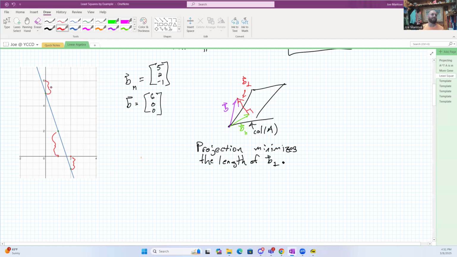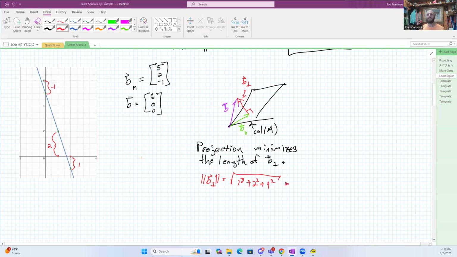In this case, this is a length of one, this is a length of minus one, this is a length of two, and this is also a length of one. So the magnitude of B perpendicular is the square root of 1 squared plus 2 squared plus 1 squared.